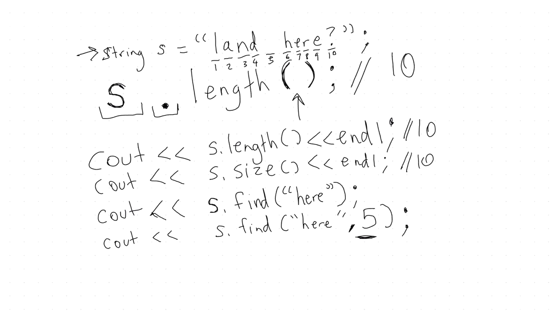So for s.find with my method here, it'll search through the string and find the index where that thing appears, which is 6. So this one, s.find here 5, should return the same result. Oh, not 6, sorry.